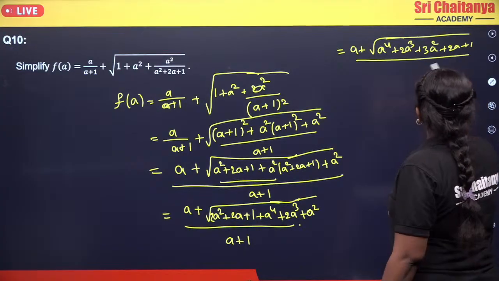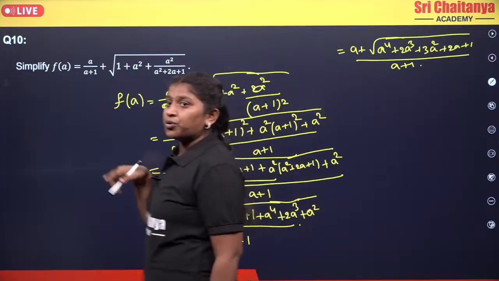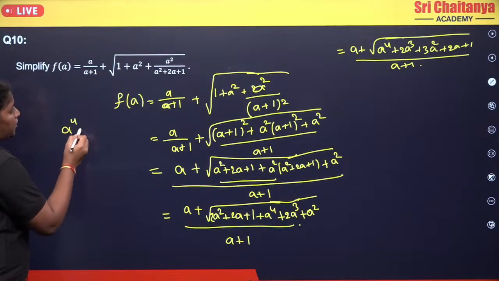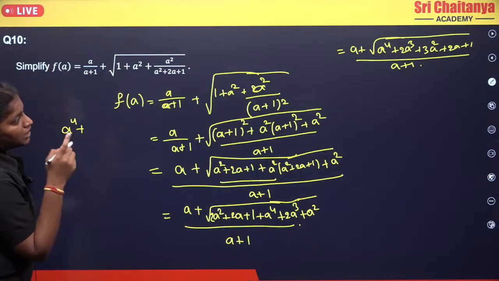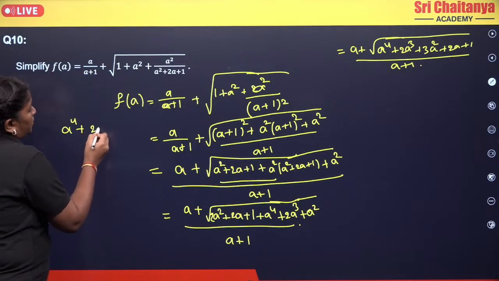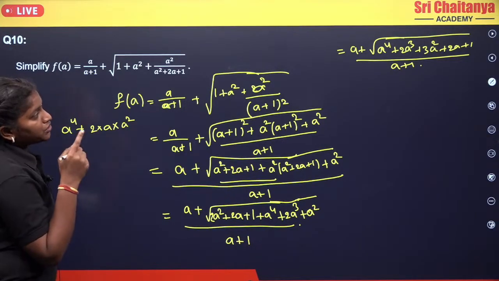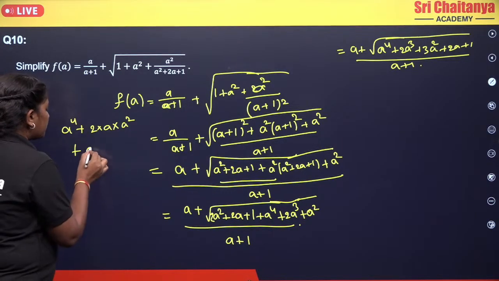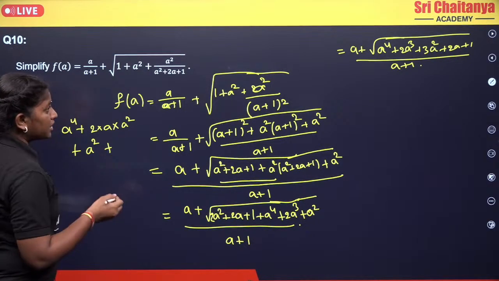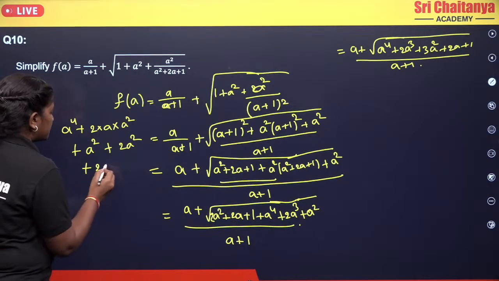So now if you just try to expand this value, whatever you are having in the square root, we will get a to the power 4 plus 2a cube. So you can write it as 2 into a square plus, you are having your 3a square. So it can be written as a square plus 2a square. 2a square can be written as the same 2a square plus 2a plus 1.